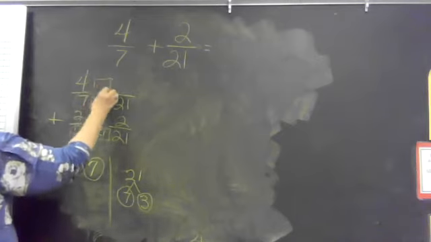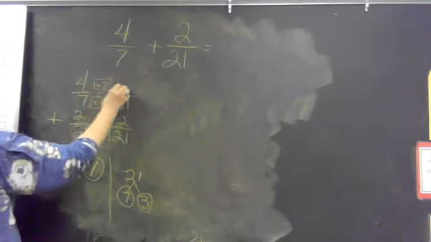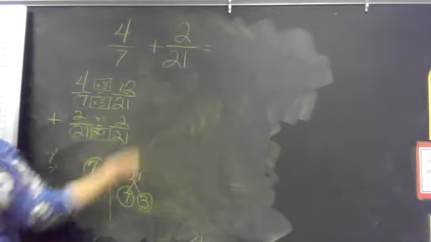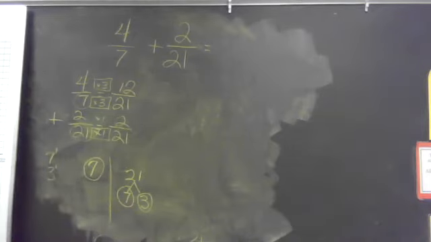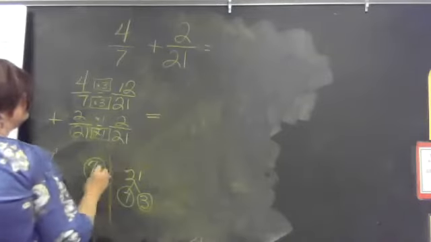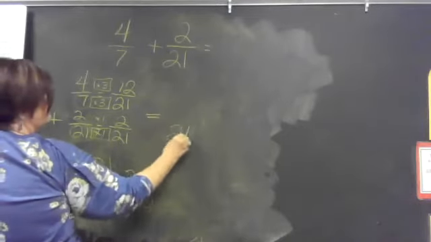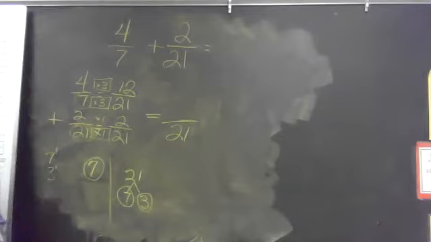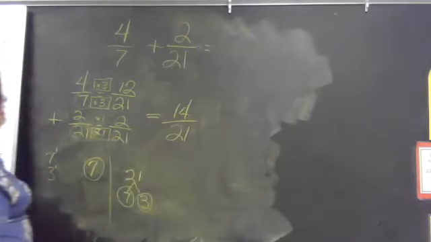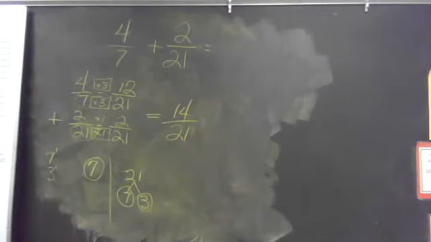So I have to multiply by 3 here. So my answer is, I'll come out here. We know the denominator is 21, and somebody said 14/21.